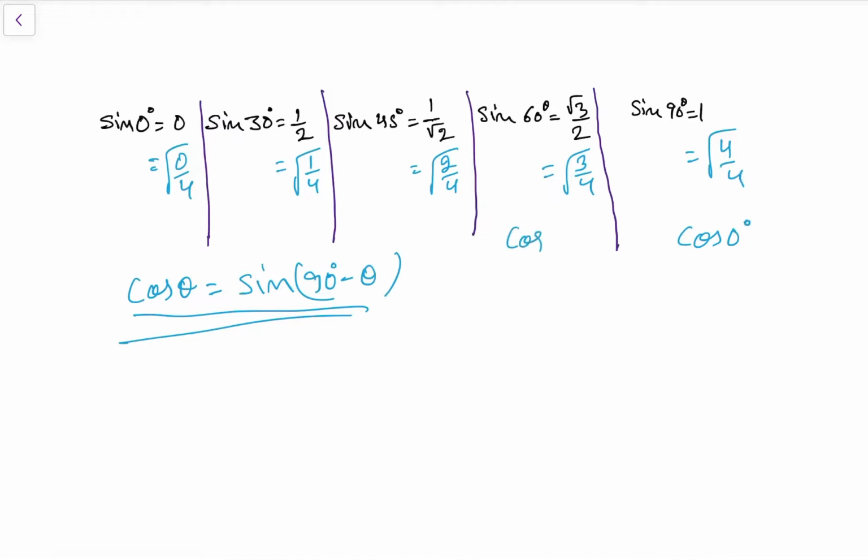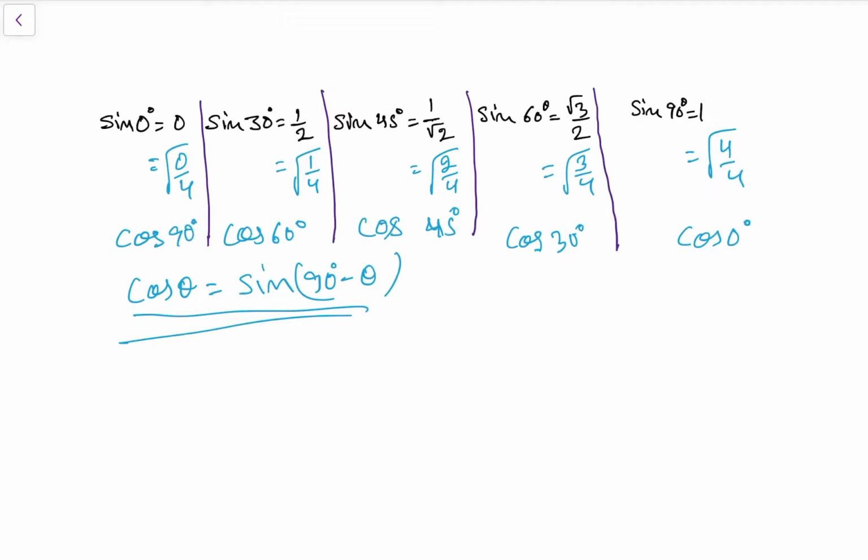Here it will be cos 30 degree. Sin 45, cos 45 will be the same as per the formula, cos theta is equal to sin 90 minus theta. So that will be cos 45 degree. This will be cos 60 degree, and sin 0 degree is the same as cos 90 degree.